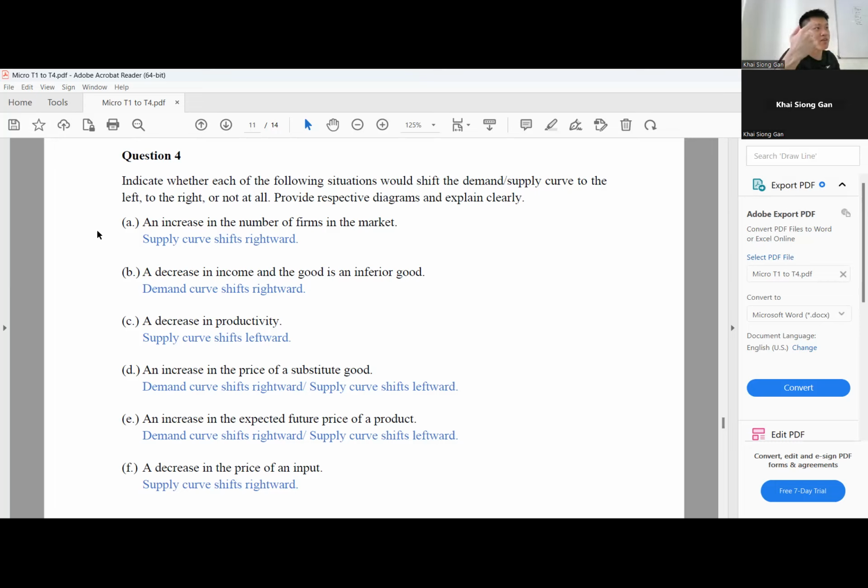Now you can have two answers for this one. Choose one only. Because the factor here can affect demand and supply, right? That's why we learned about this factor just now in the non-price factors for demand and non-price factors for supply.